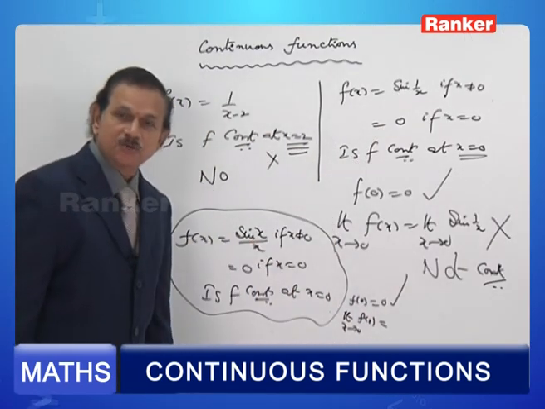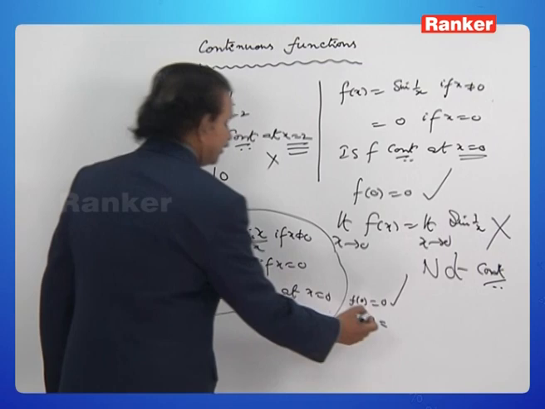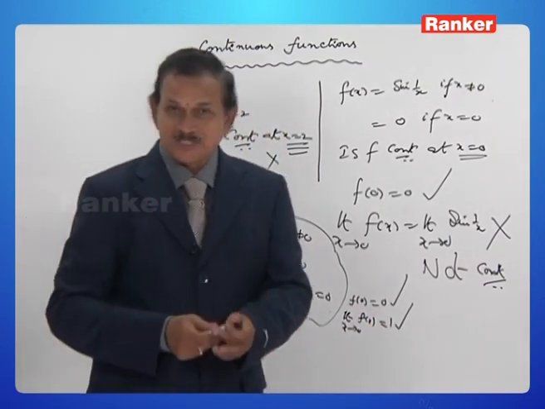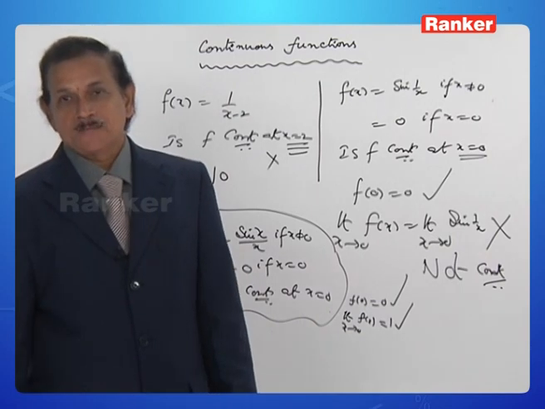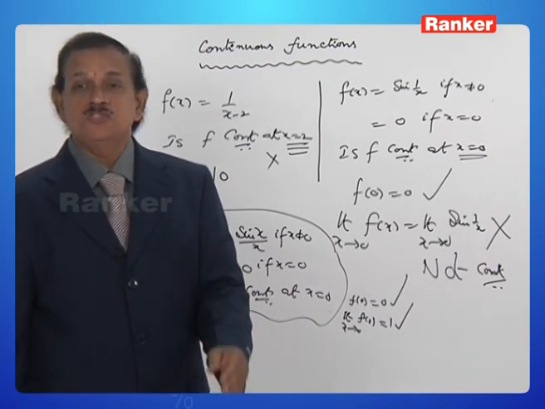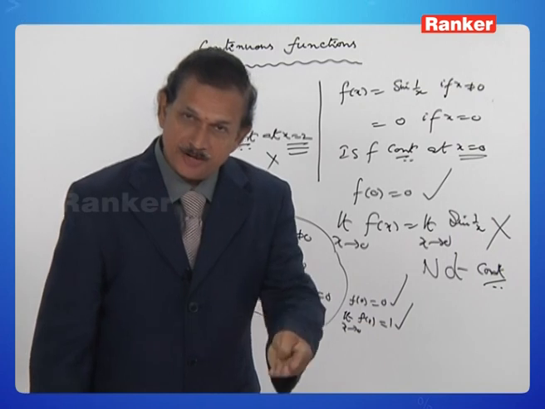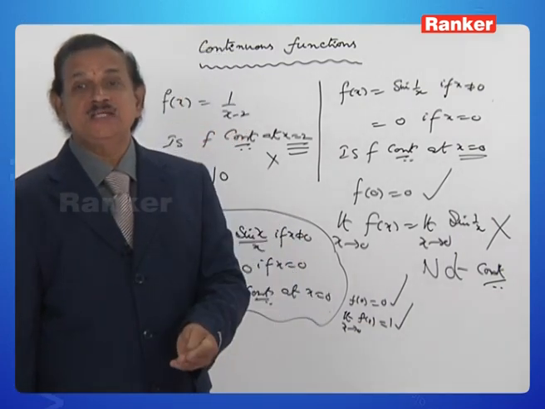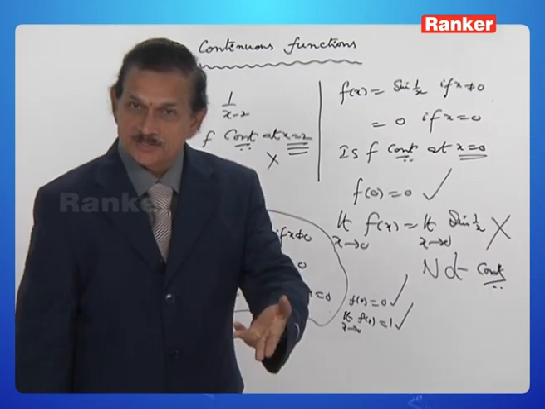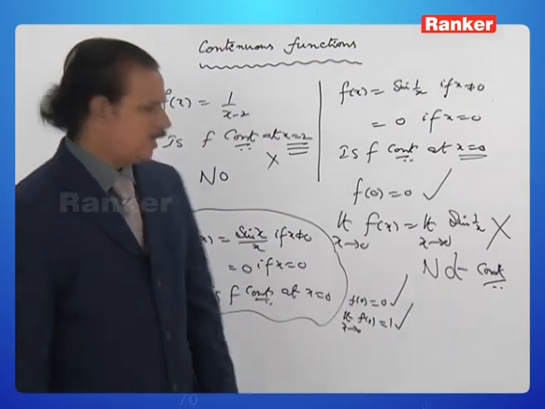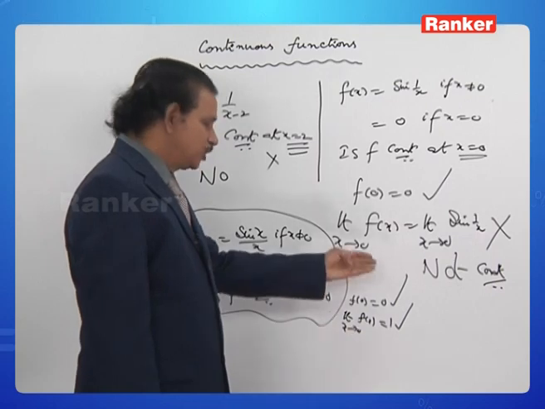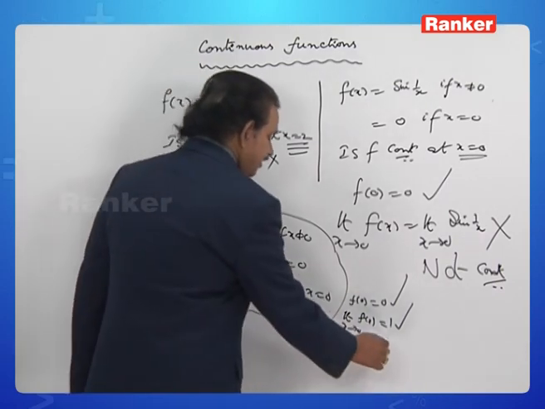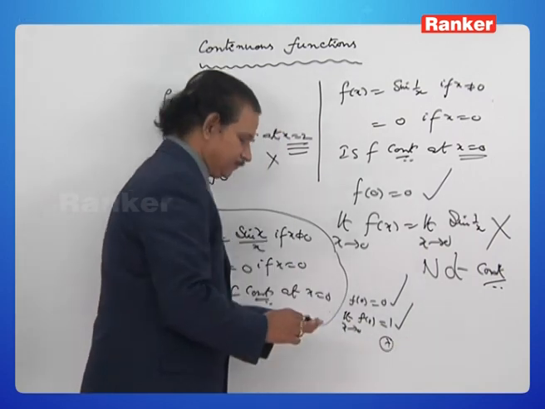As x tends to 0, its limit is 1. So it is 1. The second condition is also okay. What about the third one? The value of f of a which has been obtained in the first condition and the value of the limit which has been obtained in the second condition must be equal. Are they equal? It is 0 and this is 1. They are not equal. Therefore, the third condition fails here.